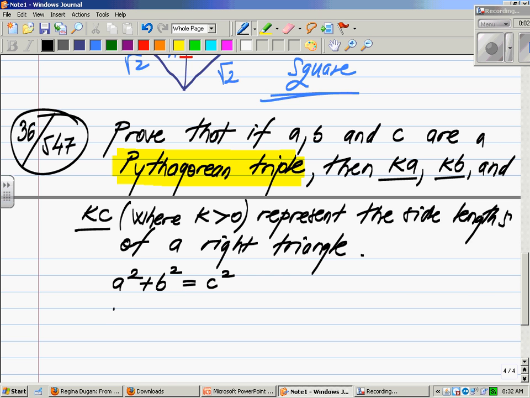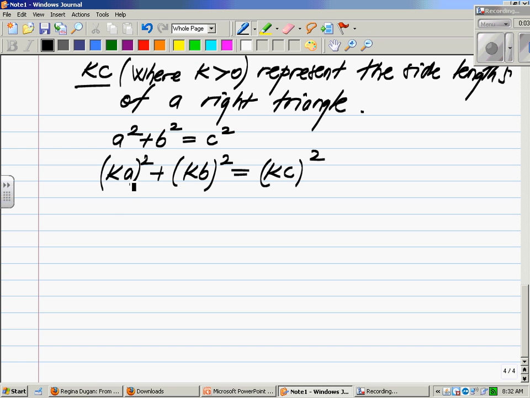What is Ka squared, everything squared, right? Plus Kb, everything squared. If that will be Kc, everything squared, then we're fine. We proved it, right? Is that the case? Well, let's find out. What is Ka, everything squared?